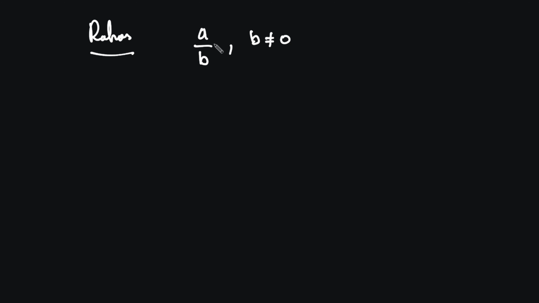Since every fraction indicates a division, every fraction you have written before is basically a ratio because it's comparing two quantities. We read this as a to b, and another way of writing it is a colon b. Remember, we read it as a to b because we're comparing two quantities.